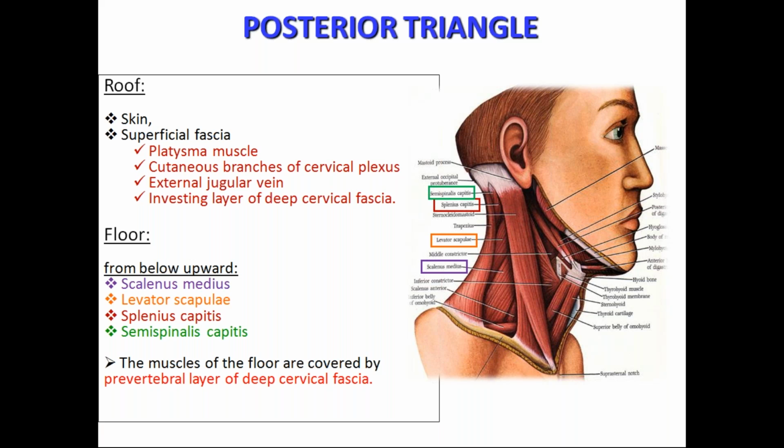All these form the roof. Coming to the floor, from below upward: scalenus medius, levator scapulae, splenius capitis, and semispinalis capitis. The muscles of the floor are covered by the prevertebral layer of the deep cervical fascia.